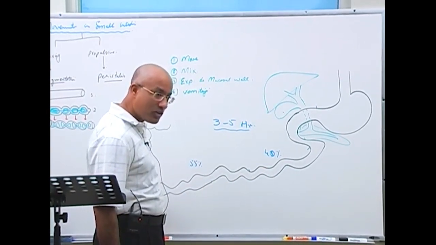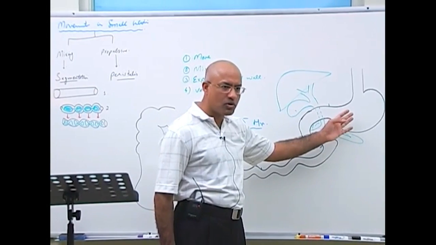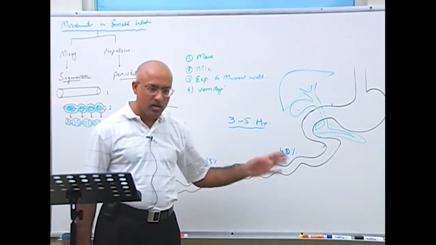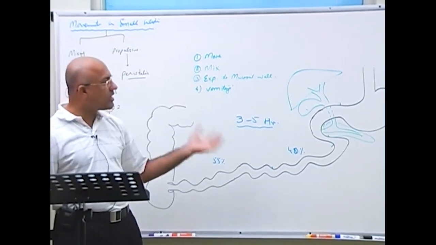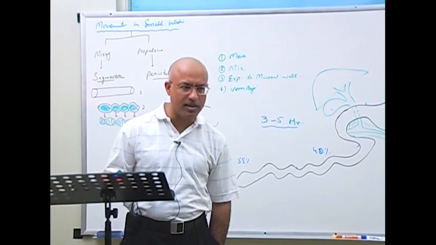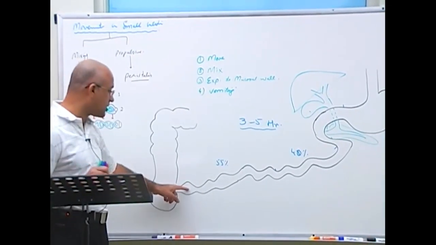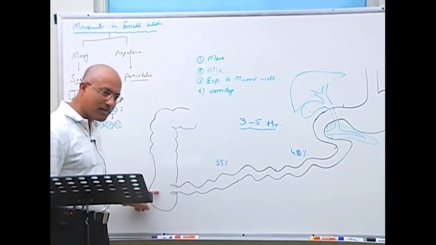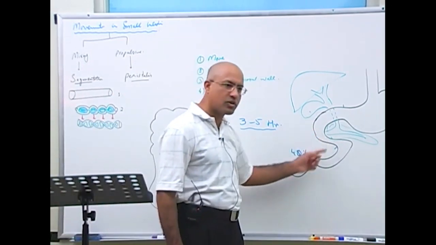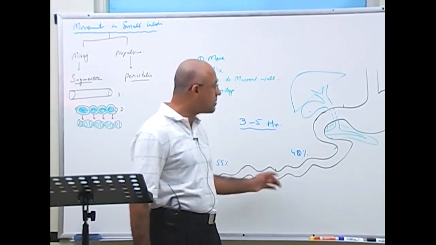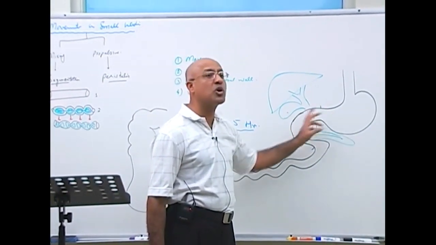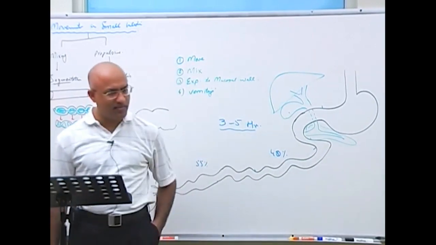So this is called which reflex? Gastroileal reflex, or gastroenteric reflex. This reflex increases the movement of the ileum, so that the ileum can push the material into the cecum, then jejunal material comes into the ileum, and then duodenal material comes to the jejunum, and if the duodenum becomes empty, it gets ready to receive more chyme from the stomach. Am I clear?